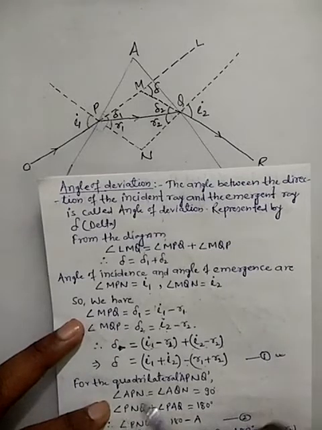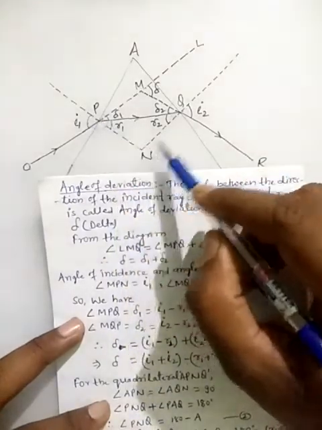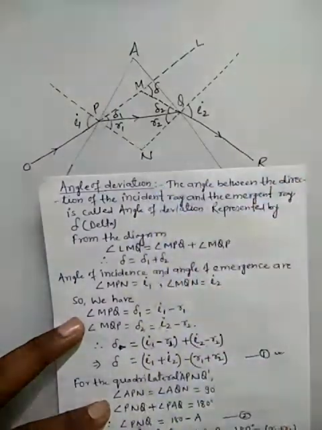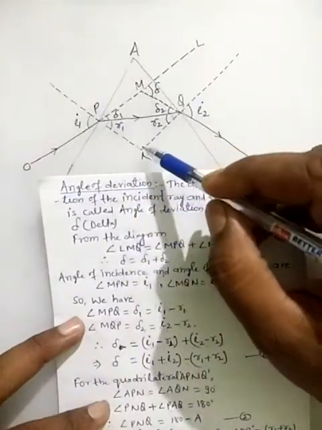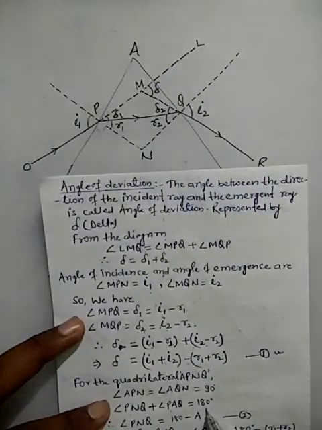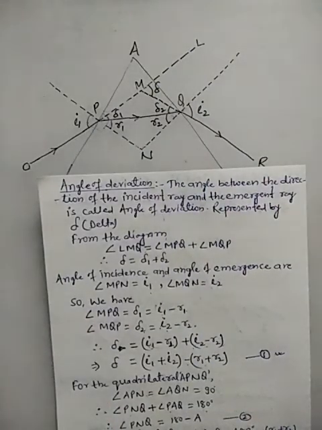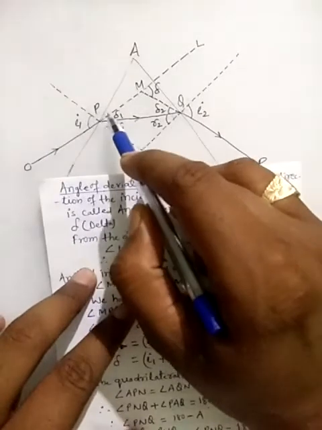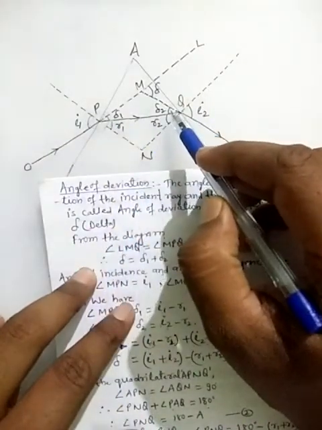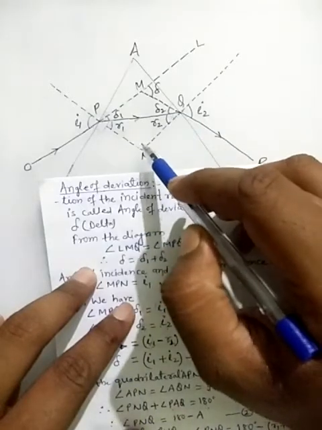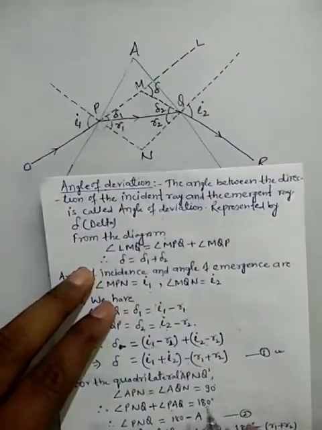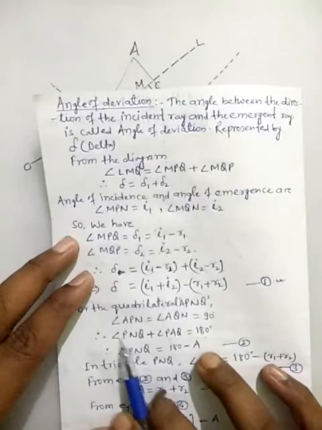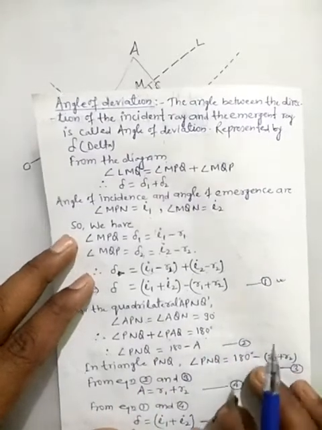Therefore, angle PNQ plus angle PAQ will be equal to 180 degrees, as the total sum of angles in a quadrilateral is 360 degrees. If this is 90 and this is again 90, then the sum of angle A and angle N will be equal to 180.